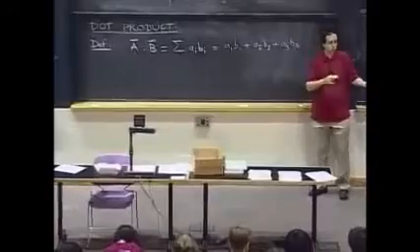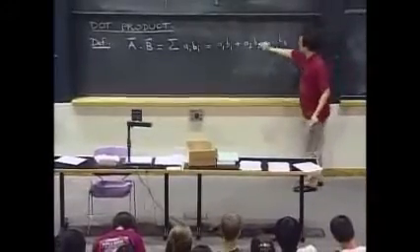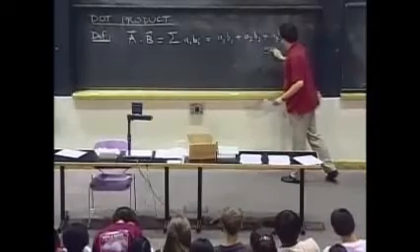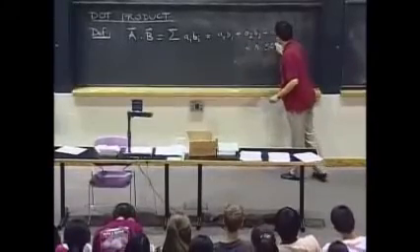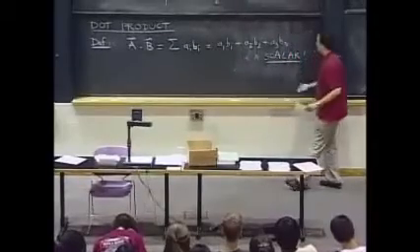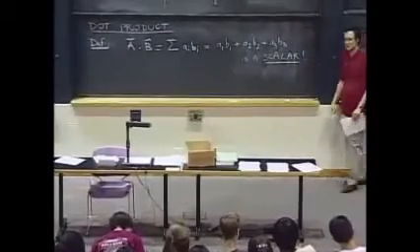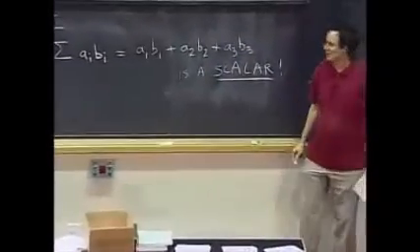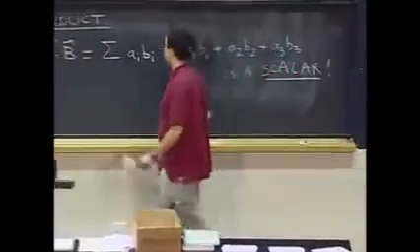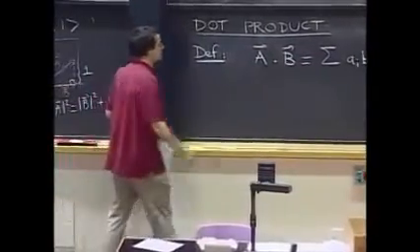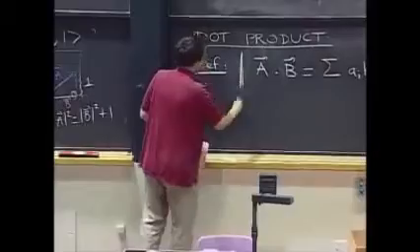If you have n components, you keep going, and you sum all of these together. Important: this is a scalar. You do not get a vector, you get a number. I know it sounds completely obvious from the definition here, but in the middle of action, when you're going to do complicated problems, it's sometimes easy to forget. So that's a definition.